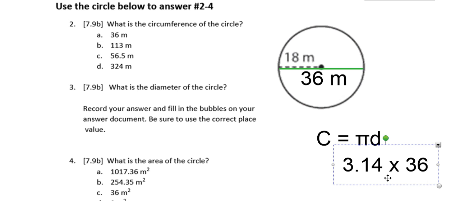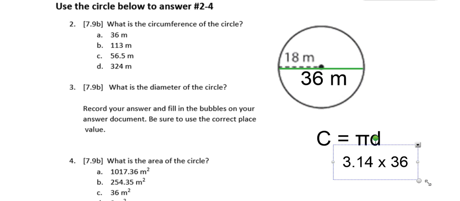So that's the radius, and you didn't need the radius, you needed the diameter. So to find the circumference, it's pi times the diameter, which is B as in boy.